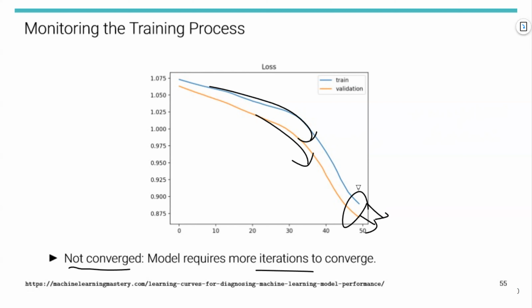We should not stop here. In the previous slides, I mentioned that we keep training until the validation loss stops decreasing, and we stop training when the validation loss does not decrease or increases. So we usually do not run into this situation.